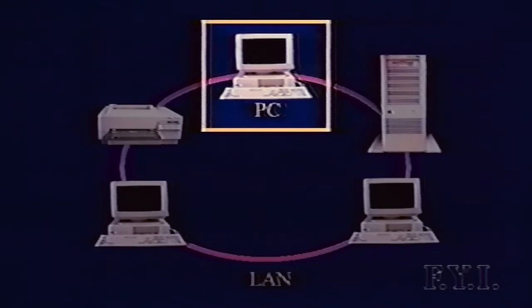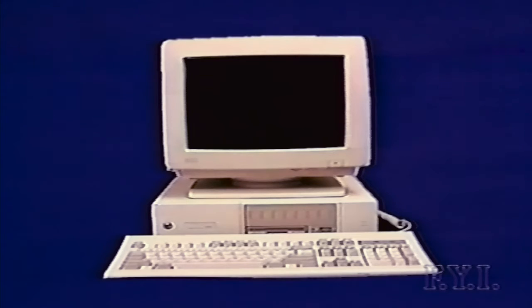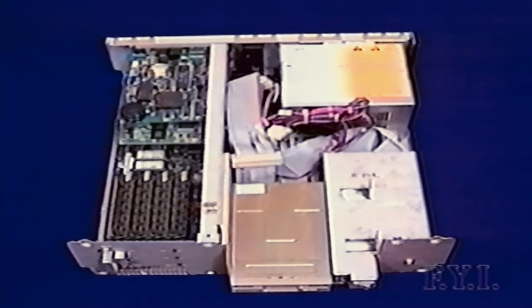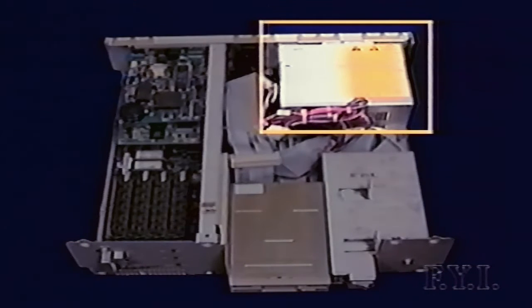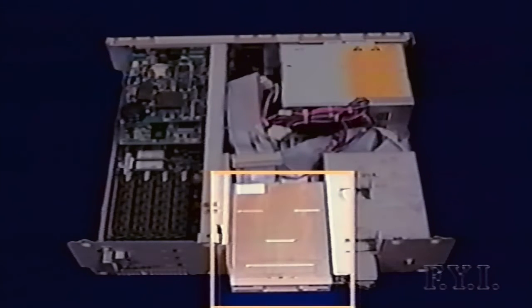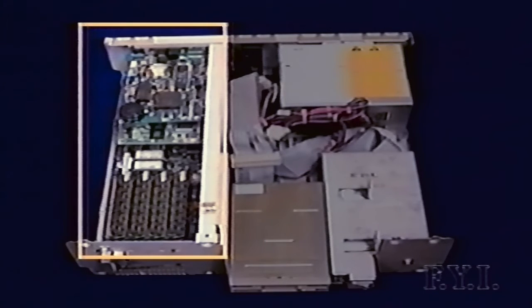First, let's take a look at the PC or workstation. The PC or workstation is the most common device on the LAN. Virtually everyone on the LAN has one. This is what the inside of a common PC or workstation looks like. Some of the components you see here include the power supply, the disk drives, and your PC cards.